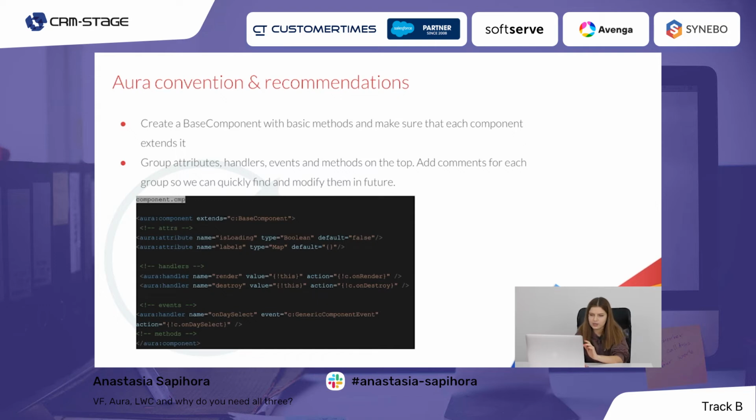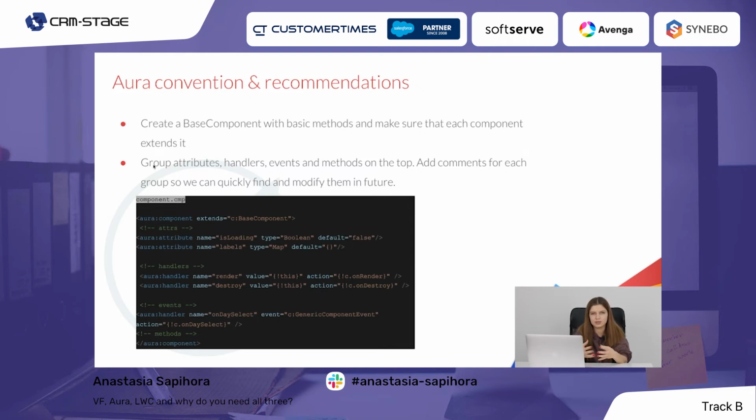And also let's discuss some Aura conventions and recommendations. Basically, when you work with Aura, it's recommended to create your base component with some basic methods and make sure that each next component that you or your team will create will extend it. This will help you to maintain code in the future.